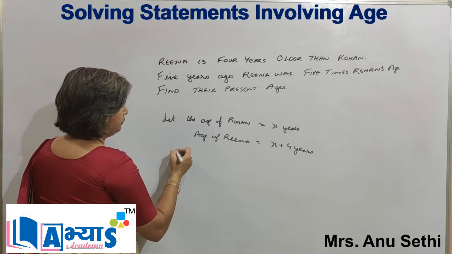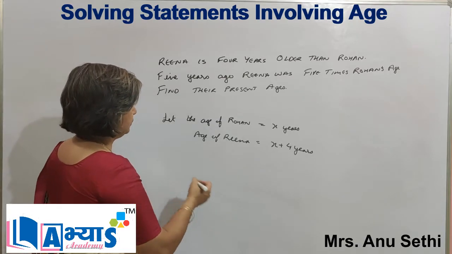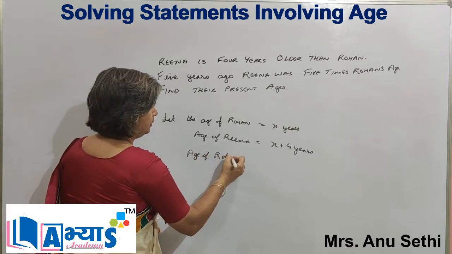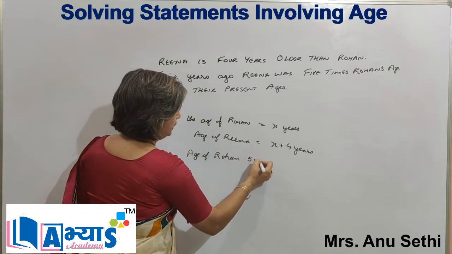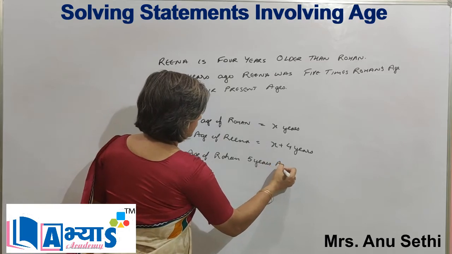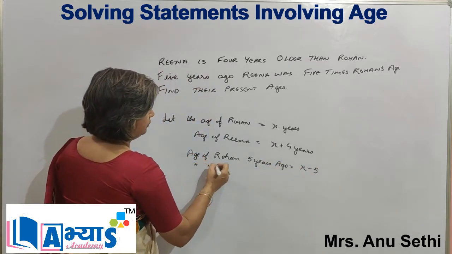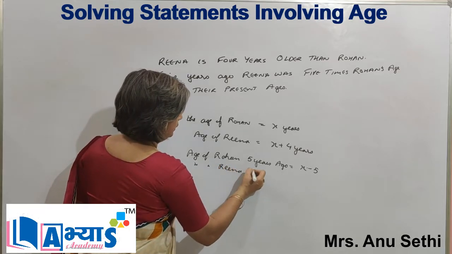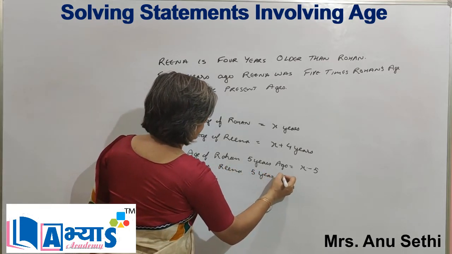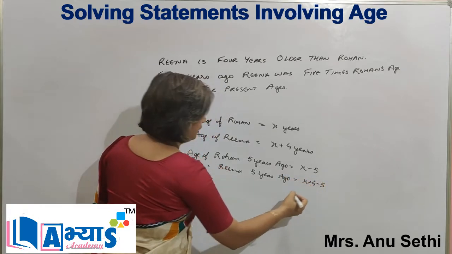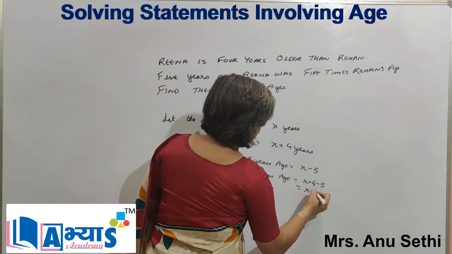Now to find the age of Rohan 5 years ago, age of Rohan 5 years ago is equal to x minus 5. Age of Reena 5 years ago is equal to x plus 4 minus 5. So it will become x minus 1.